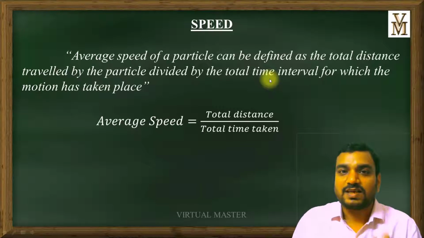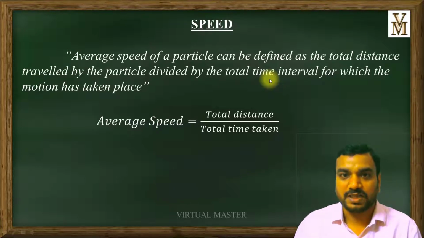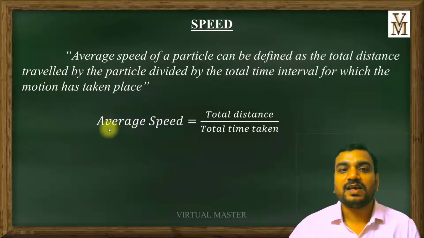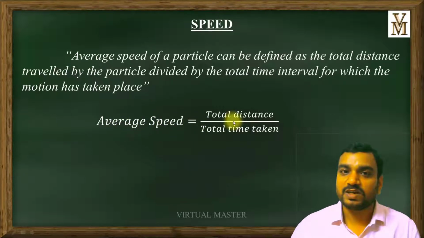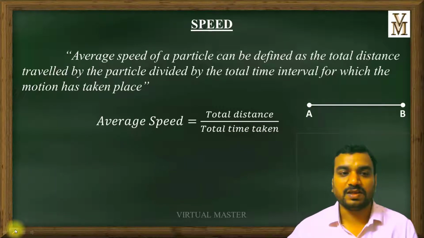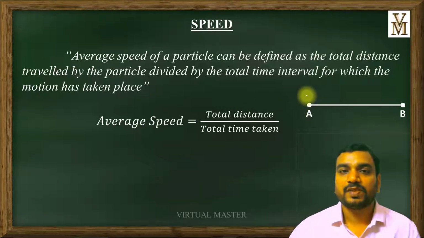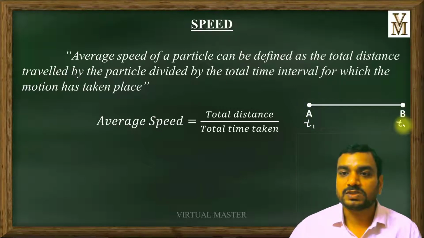What is average speed? Average speed can be defined as the ratio of total distance traveled by the object to the total time taken by the object. Numerically, we can say average speed will be equal to total distance divided by total time taken. To understand this better, let us take one example. Let us assume that the object is starting from point A at a time t1 seconds, and it reaches point B at a time t2 seconds.